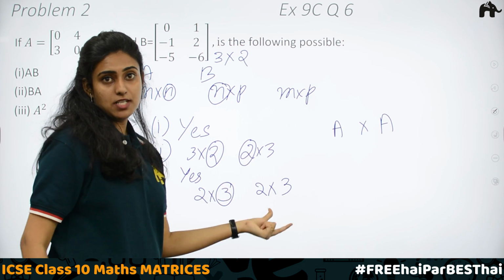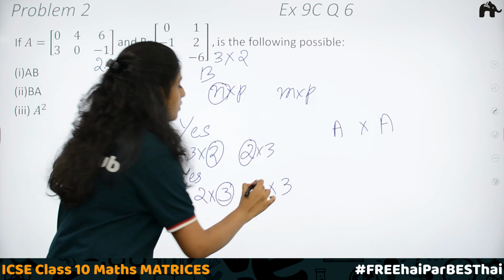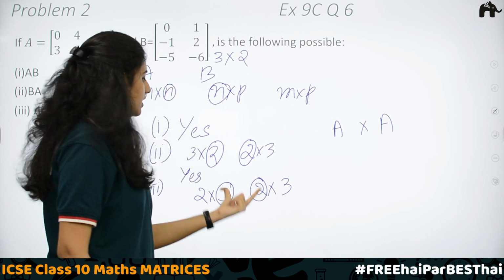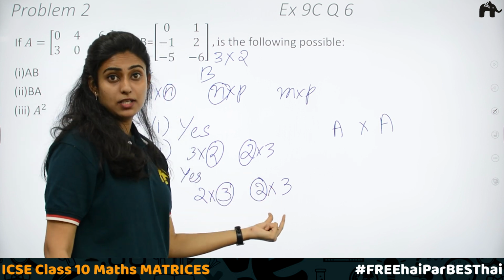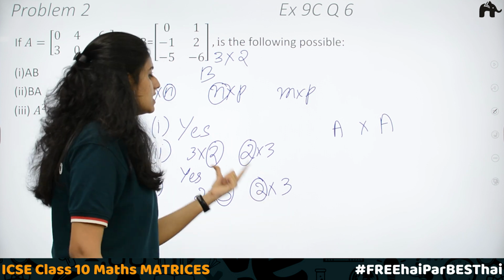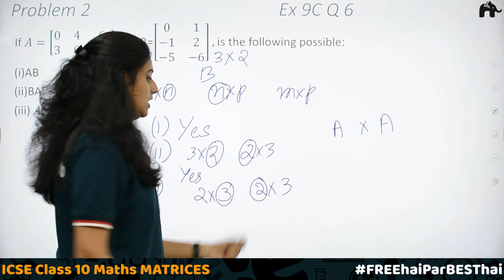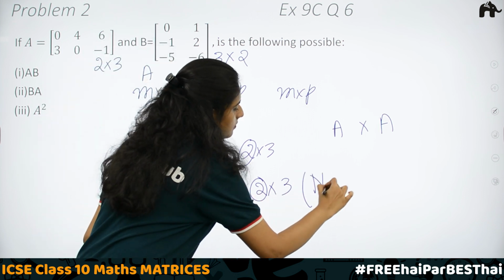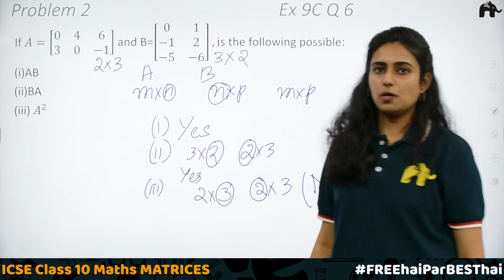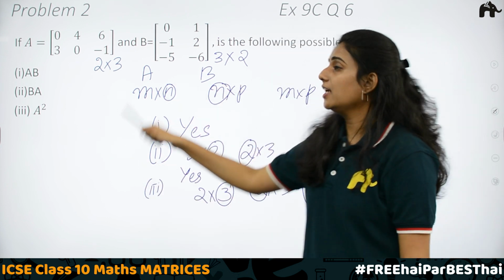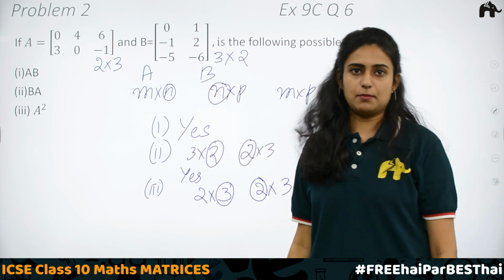Here in the second matrix, again A, we have the number of rows is equal to 2. Are they equal? Number of columns in first matrix and number of rows in second matrix. They are not equal, which means the multiplication of A into A is not possible. No. So first and second are possible. Third, it is not possible because here we are not getting the number of columns in first matrix equal to the number of rows in the second matrix.